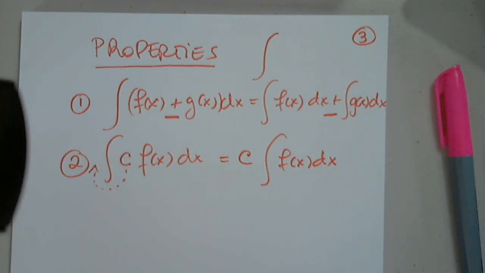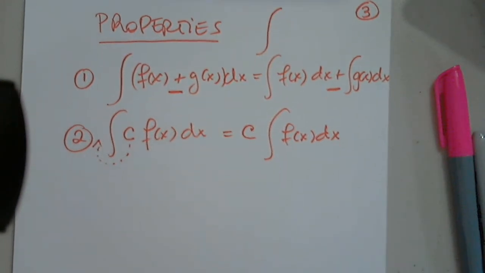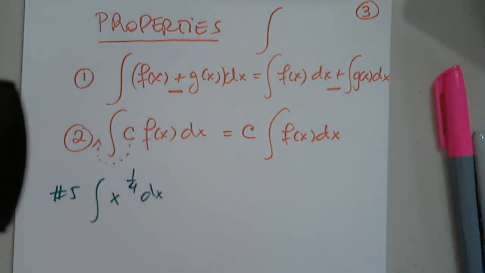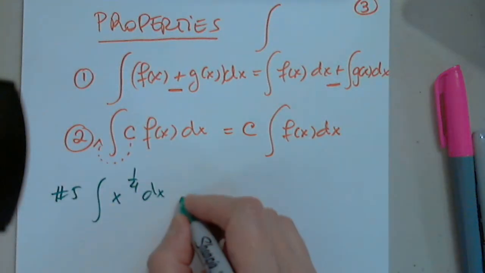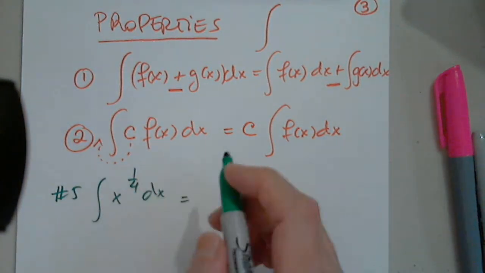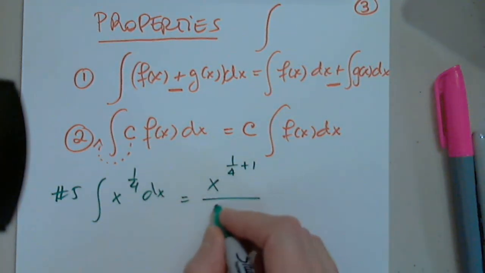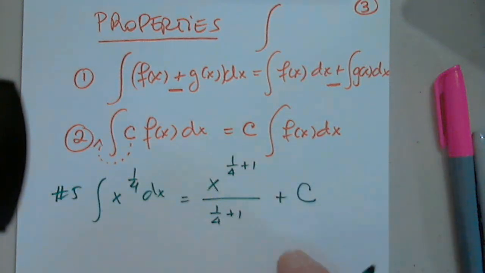Okay, so now let's select and practice the indefinite integral. Okay, I will choose first. I like to start with 5, the integral of x to the 1/4 dx. So remember, we are integrating, we are not differentiating. So according to the power rule for integration, I will have to write x to the 1/4 plus 1 over 1/4 plus 1 plus a constant c.